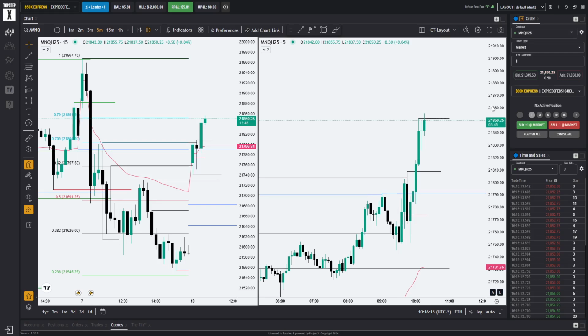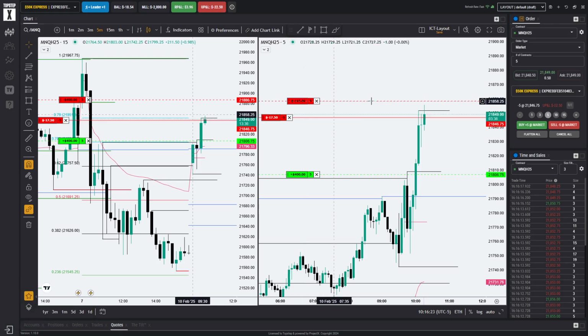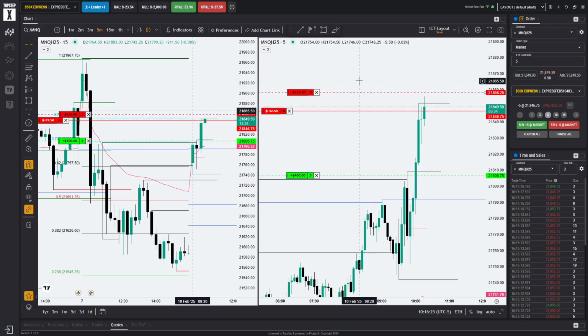There you go, got the push through the 15. Order filled. Going short here. Stop loss here. We'll see. I don't see ES pushing higher. We didn't have an inventory correction.